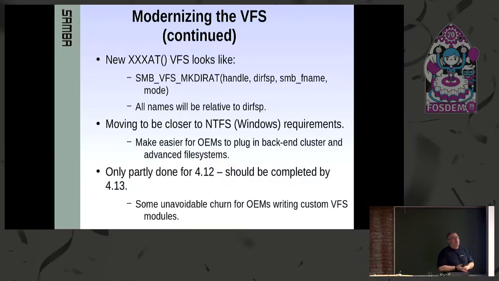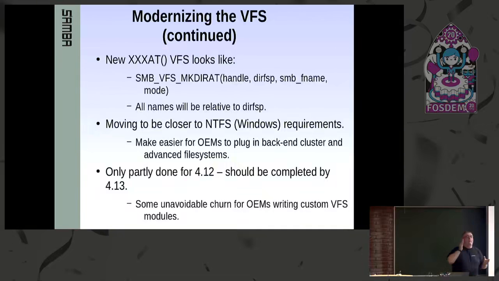This should, when we're finished, make it a lot easier for VFS OEMs to plug in advanced clustered file systems and to make Samba an easy front end for a clustered Ceph cluster and all the other, and the proprietary ones too. The problem is we stamp out a new release every 6 months and we're halfway through.